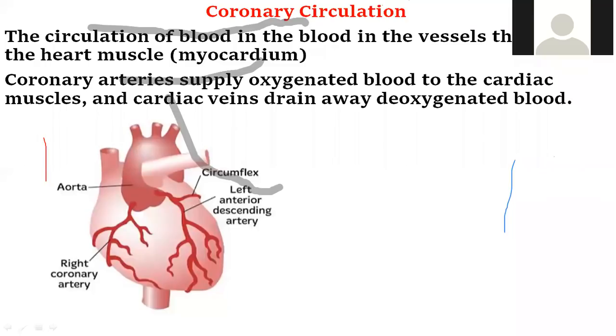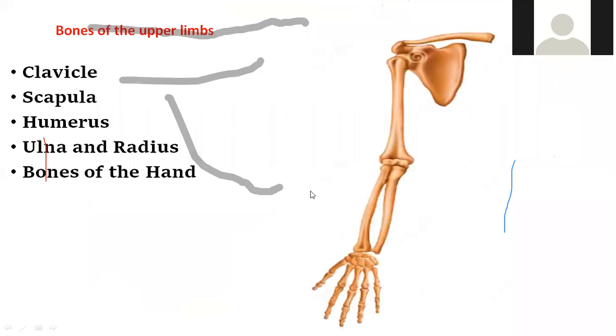Now, our time is fast spent, but I want us to quickly discuss the bones of the upper limbs. From the screen, you can view your slide. Are we there? Okay. This slide you are viewing on your screen now is the slide of the bones that make up the upper limbs.